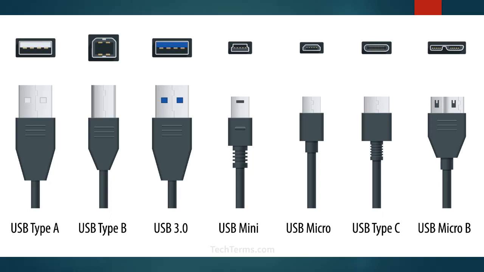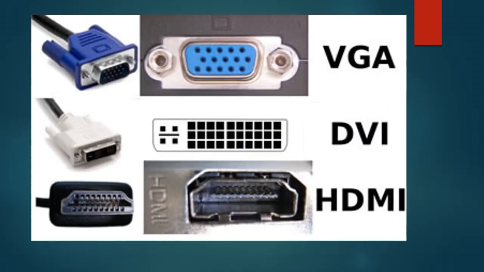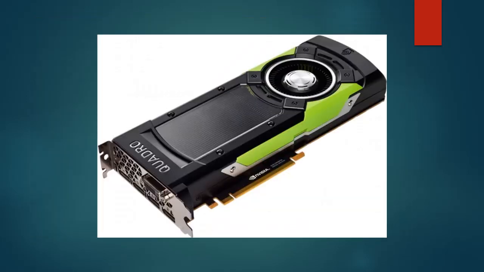Now, the majority of USB ports are mounted on the rear input-output panel, and some are located on the surface of the motherboard. Some motherboards will also have a built-in video adapter, and this is known as integrated video because the video adapter and the motherboard are essentially one unit. Older motherboards will have either DVI or VGA ports, while modern motherboards will have an HDMI port or a DisplayPort.